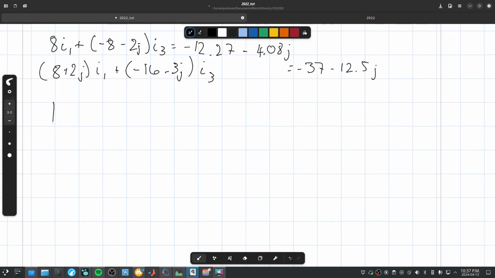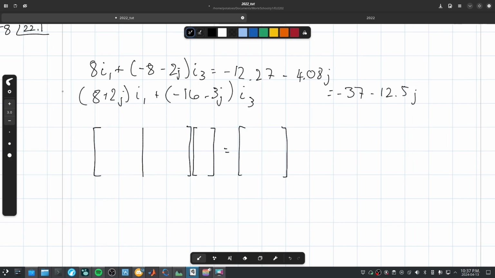Now we assemble our matrix, right? This is just linear algebra. Let's call this A, B, C, D, X, Y. This column is our I1, and this column here is our I3.